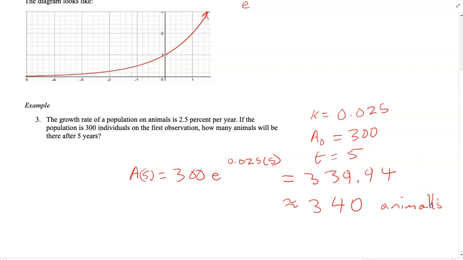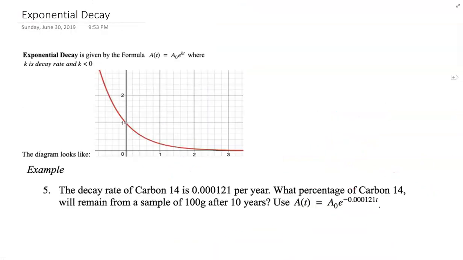Okay, or individuals. Let's talk about exponential decay. The decay rate of carbon-14 is 0.0000121 per year. What percentage of carbon-14 will remain from a sample of 100 grams after 10 years?